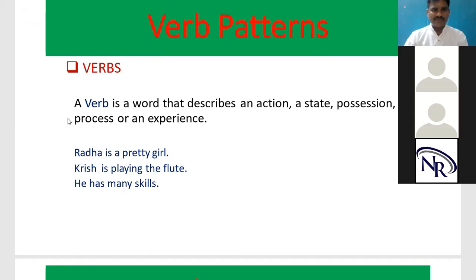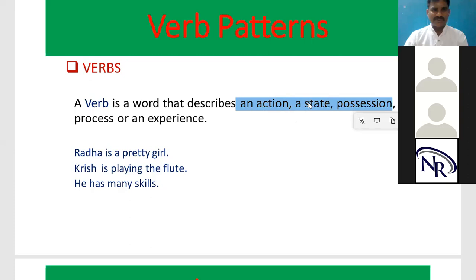The verb is a word that describes an action, a state of being, position, a process, or an experience. Especially we focus on action, state, and position. All the action words are called verbs, and also state of being.